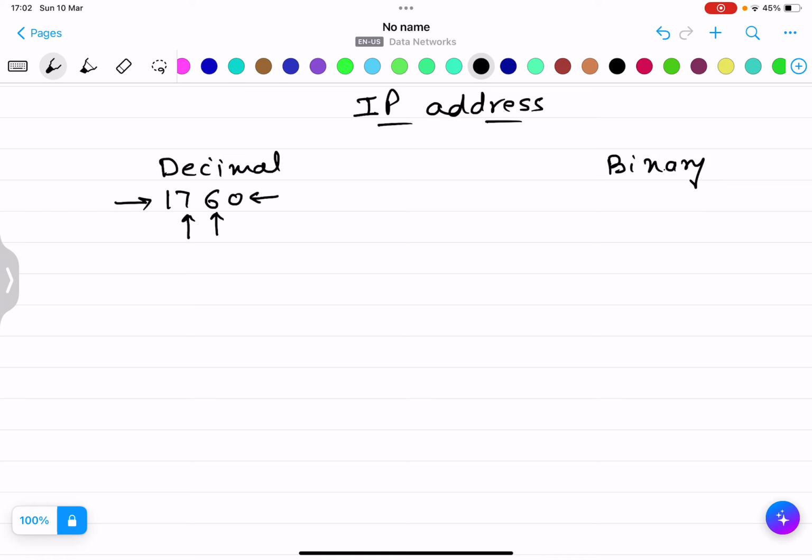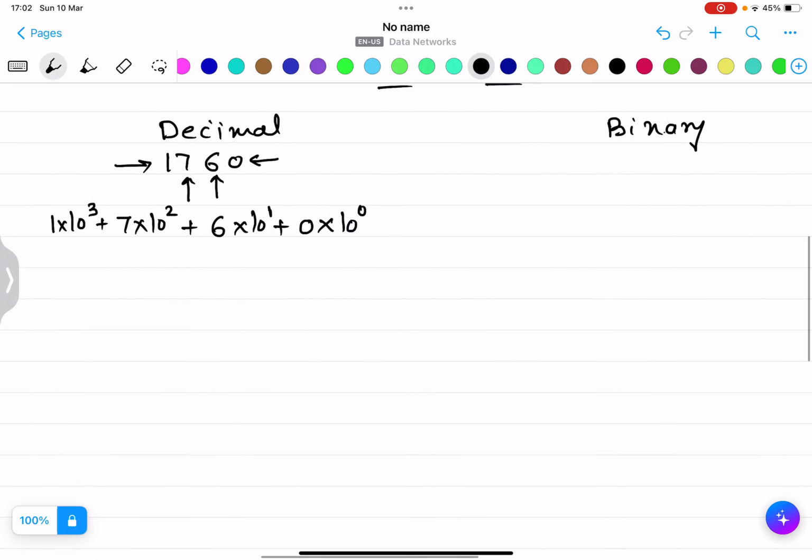So if I have to write it in that form, it's basically 0 into 10 raised to the power 0 plus 6 into 10 raised to the power 1 plus 7 into 10 raised to the power 2 and 1 into 10 raised to the power 3. So that will basically form my 1760.